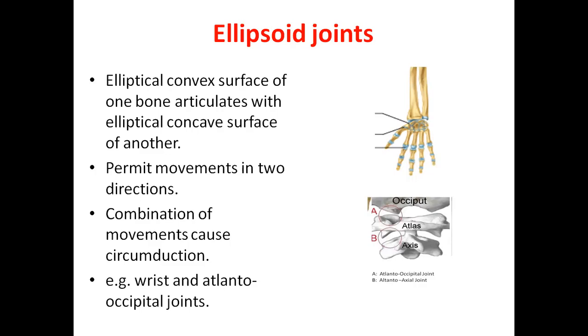The combination of movements causes circumduction. Examples are the wrist and atlanto-occipital joints, between the occiput and atlas, that is the bone of the spine.